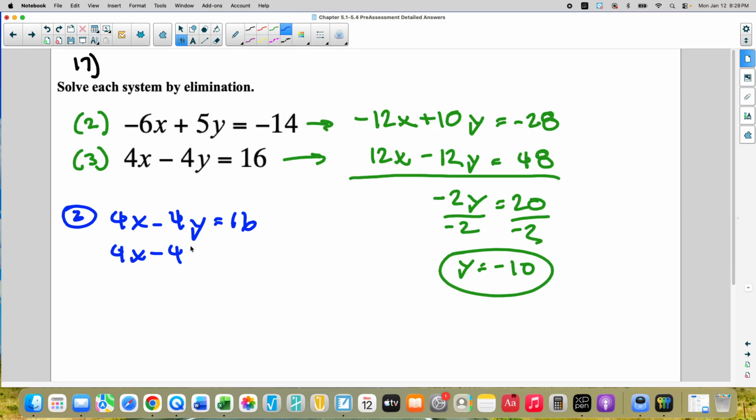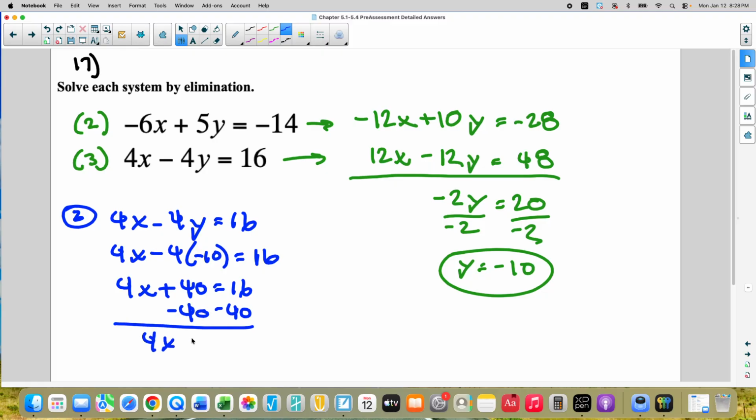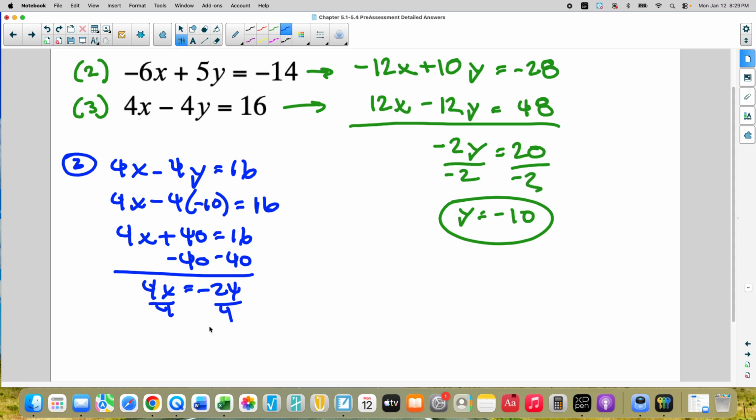We're going to plug in negative 10 for y. 4x plus 40 equals 16. Let's subtract 40 from both sides. 4x equals negative 24. Divide by 4. And we get x equals negative 6. So the point that I think is the solution is (negative 6, negative 10).